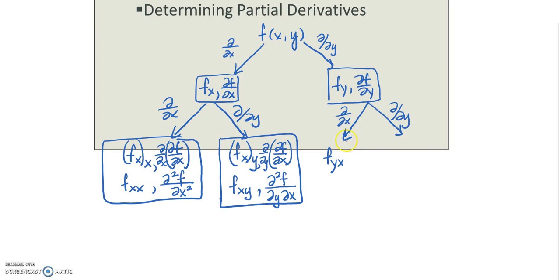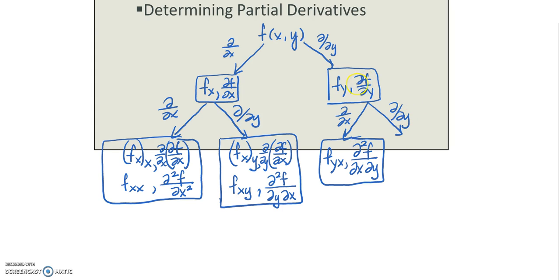If I used the partial notation, I would have taken the partial derivative of f twice, so partial squared of f. The first time was with respect to y, so that goes on the right-hand side. The second time is with respect to x.